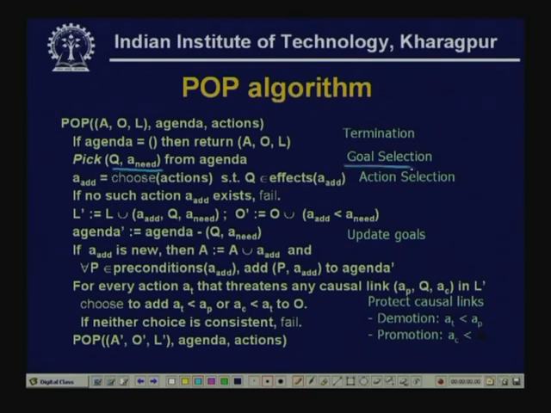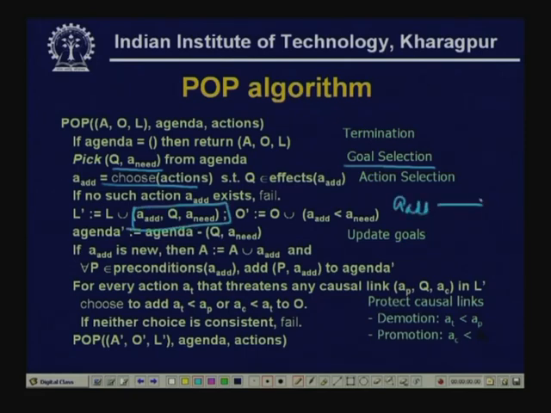So, we select our current goal. Then we choose an action which achieves this effect Q. If there are several such actions, this is a choice point. If there is no such action, of course, the search will fail. And then we say L prime equals L union A add, Q, A need. So, L is the set of causal links. We add the causal link from A add to A need on Q to L.